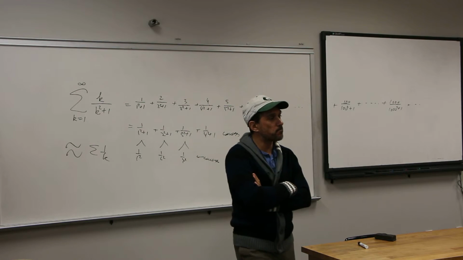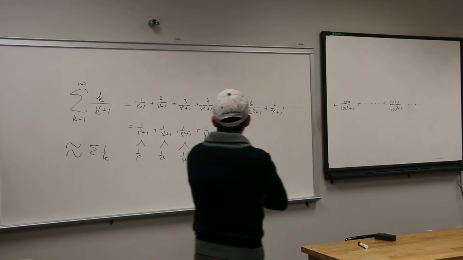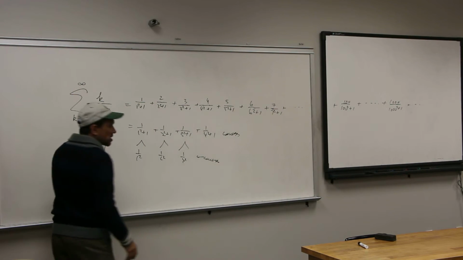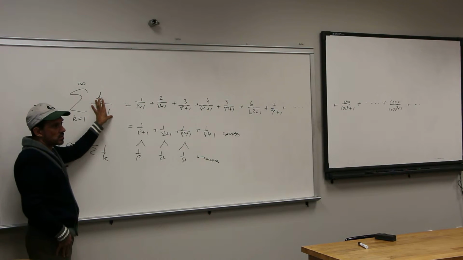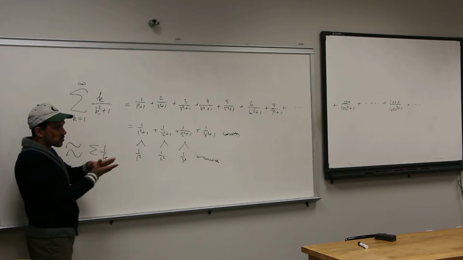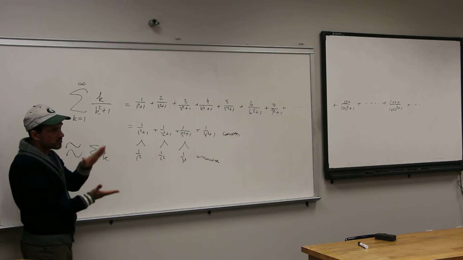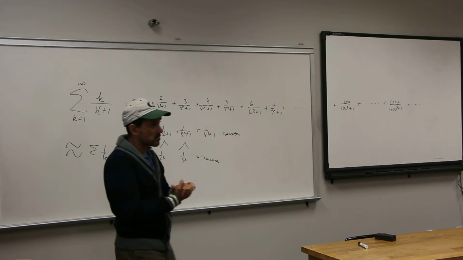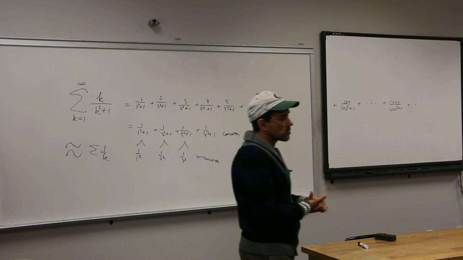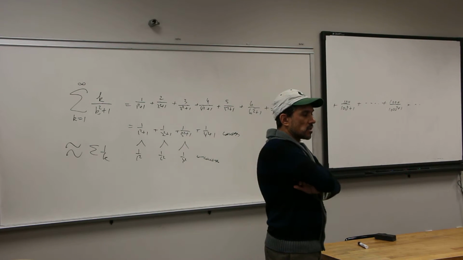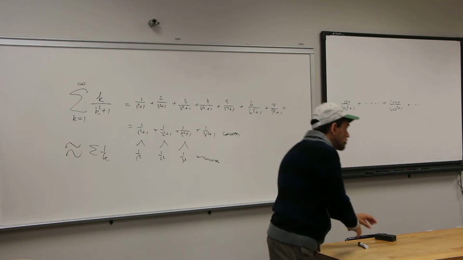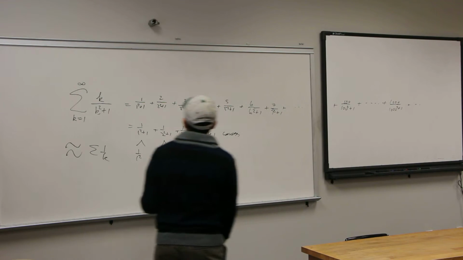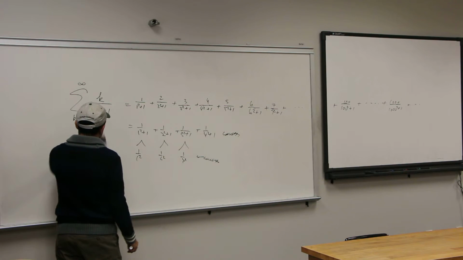That is to say, eventually the terms of this sequence start to look like the terms of this sequence. So eventually, the series starts to look the same. This is called the limit comparison test.